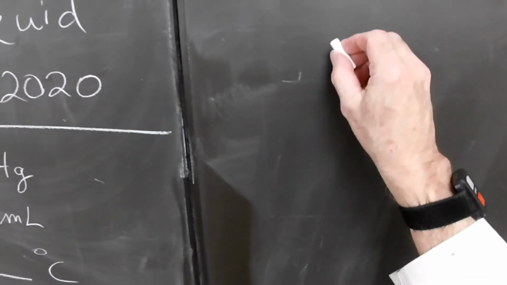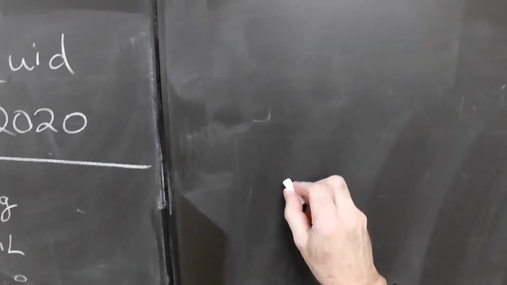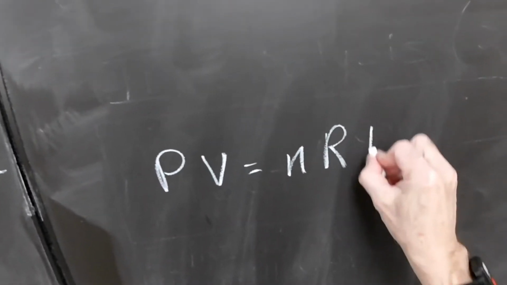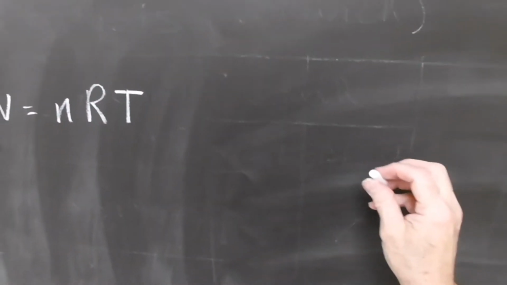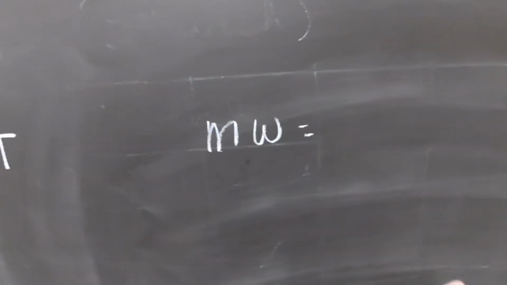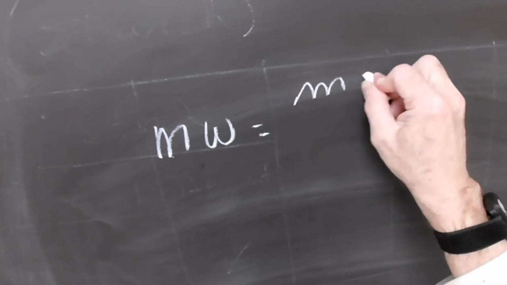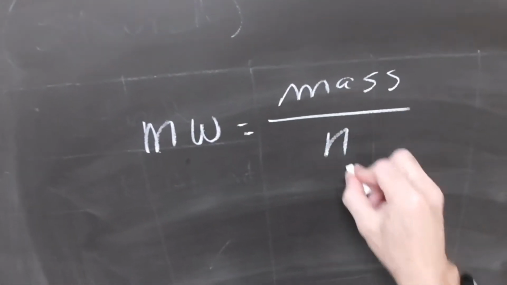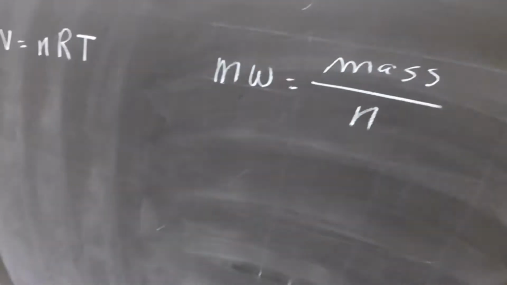The first one is the ideal gas equation. And the second one is the equation for molar mass, which I call molecular weight, which is mass of the substance divided by the number of moles.